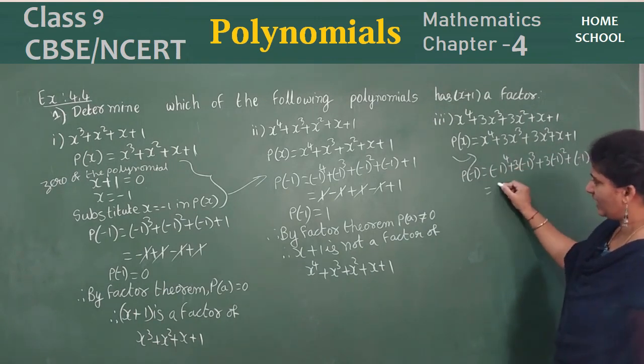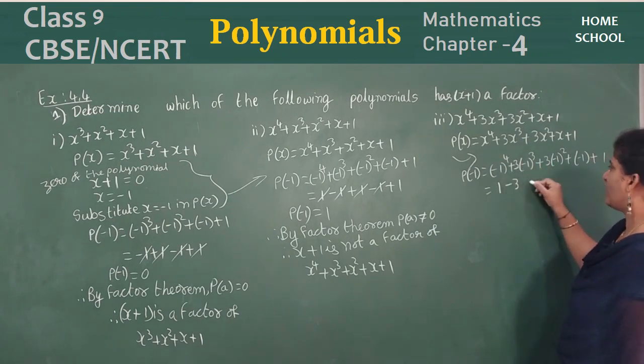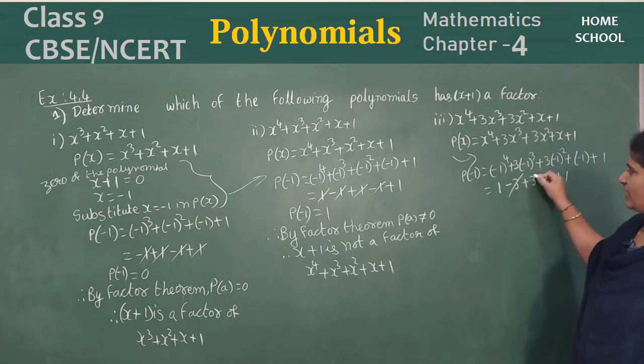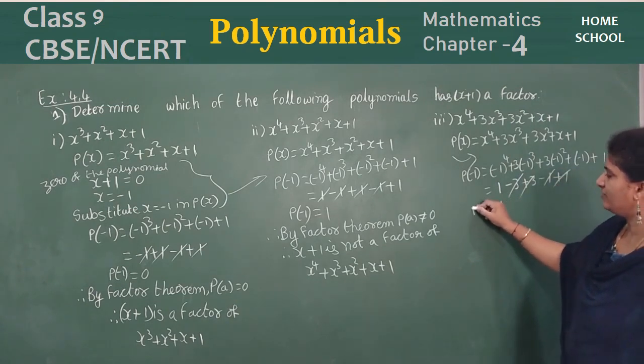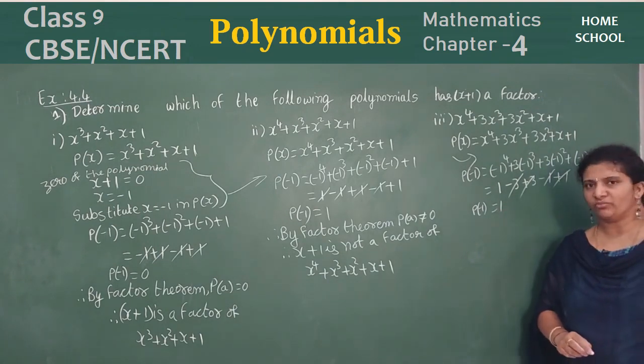Now this will be 1 and this will be minus 1 into 3, minus 3 plus 3 minus 1 plus 1. So observe here, minus 3 plus 3 minus 1 plus 1 cancel. You are left with 1. So 1 means what do you remember?